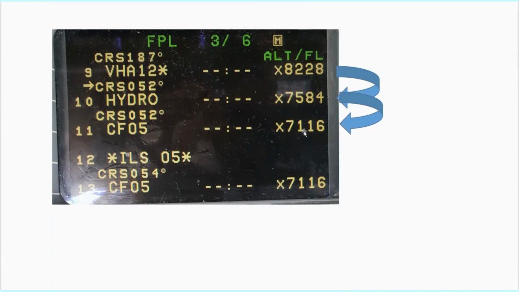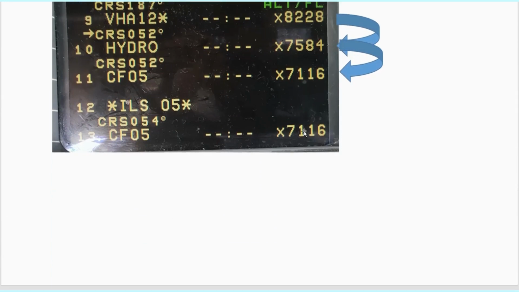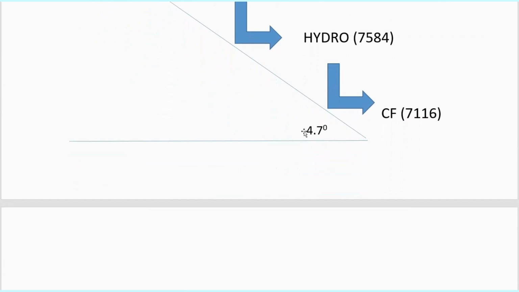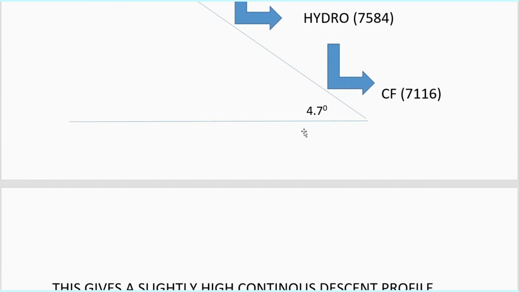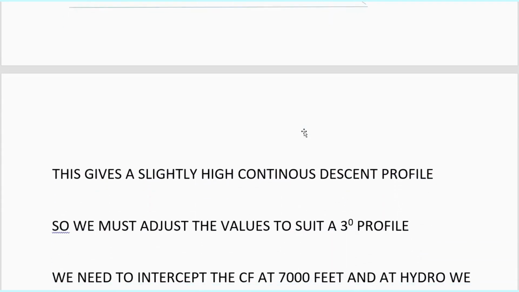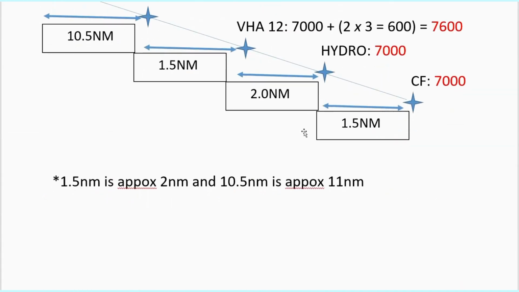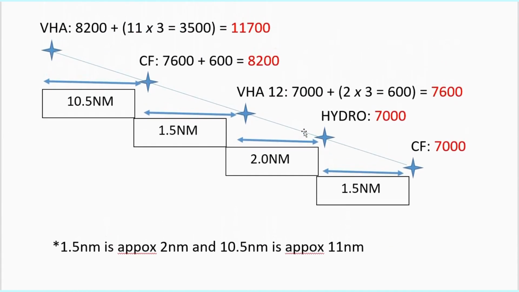This is going to give me a 3-degree profile all the way down to intercepting the ILS approach, and then after that the ILS itself is calibrated as 3 degrees anyway, so I don't have to worry about it too much. I hope that this idea is making sense on the mental maths concept, using the digit 3 and using the precise figures with the scientific calculator using the tangent of 3 and the like.